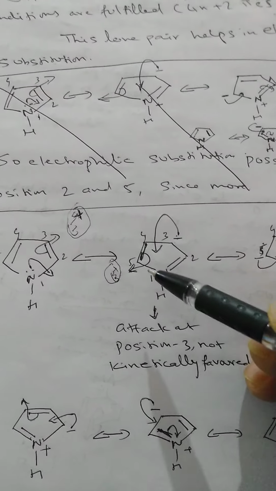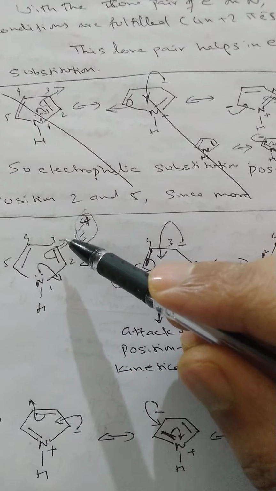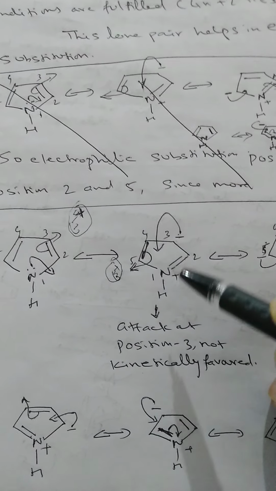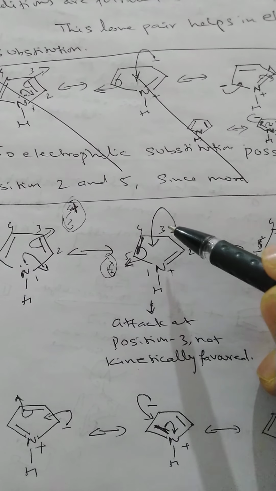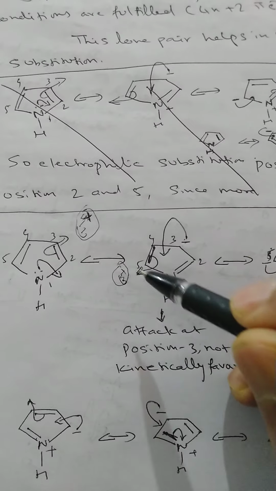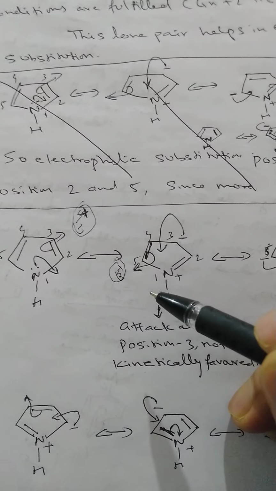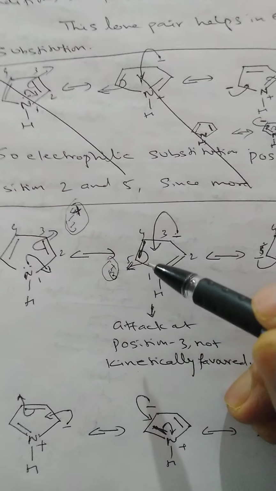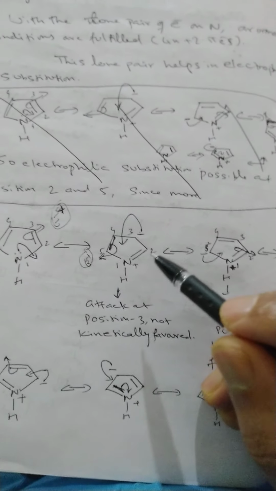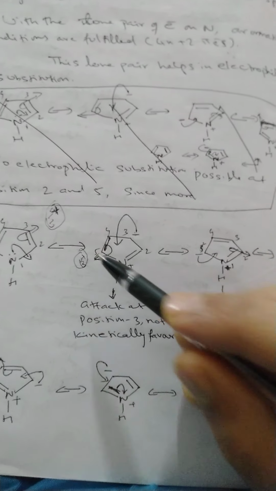Now you see here, if the attack is here, the negative charge is not getting stabilization, but when the attack is on here, you are getting negative charge stabilization. The lone pair is coming here, then here, here, here. So the electron cloud is moving throughout and gives stabilization, right? And therefore electrophilic attack happens either at position 2 or position 5.